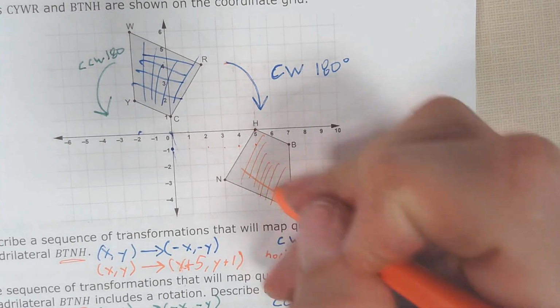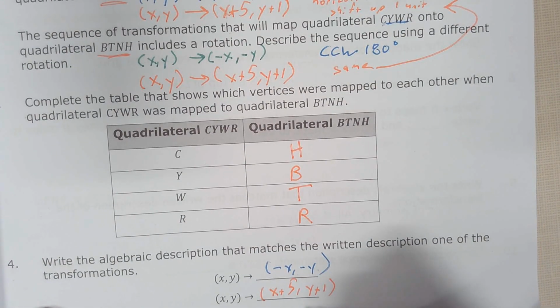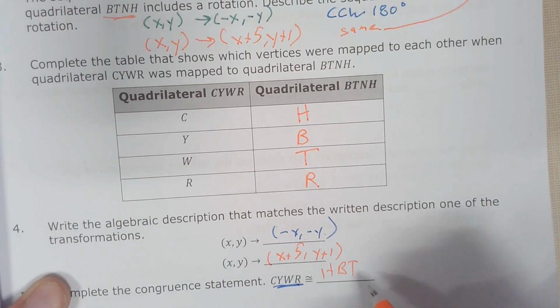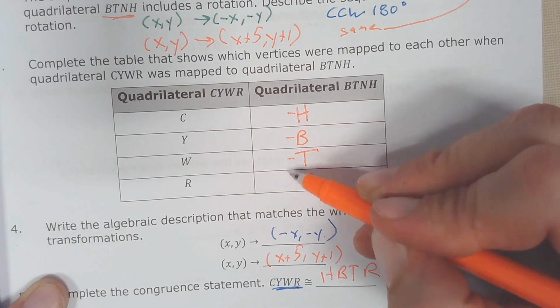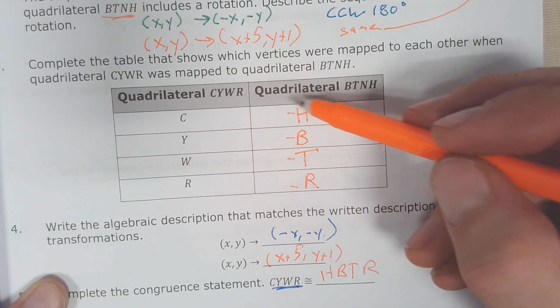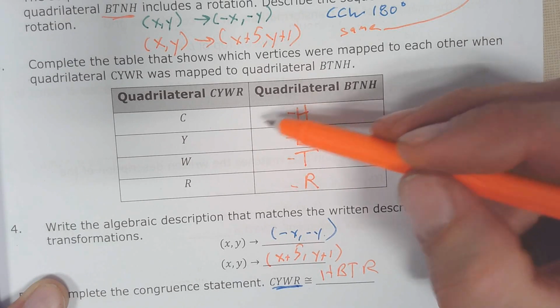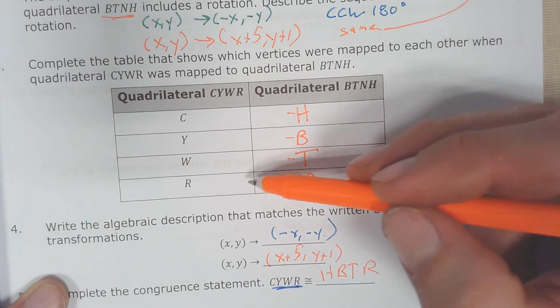And why can I make that statement? That's because the angles, and this was the H, B, T, R. Make sure it's in the same order. C coordinates correlate with H, Y coordinates with B, W coordinates with T, and R coordinates.